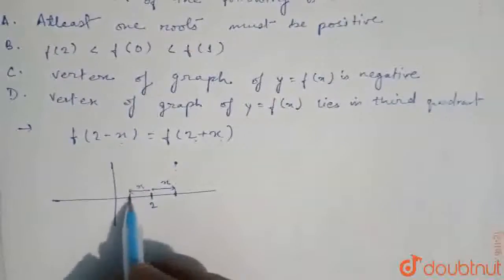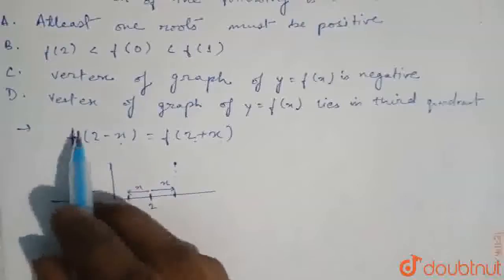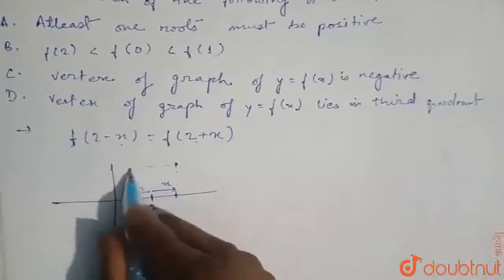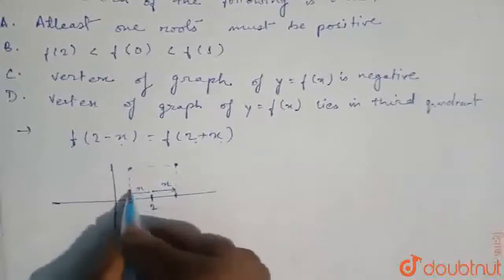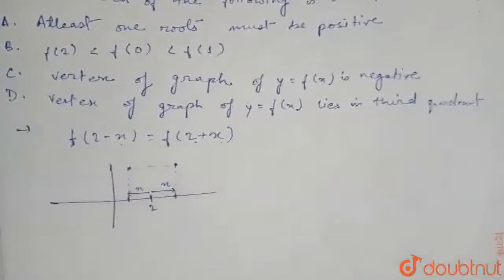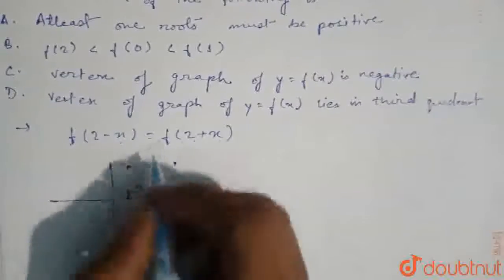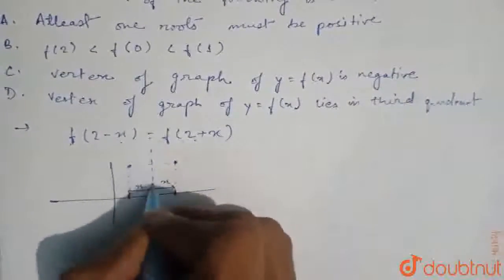So at this point the function value is the same as the function value of 2 + x. So whatever the graph be, it will be symmetric about x = 2.